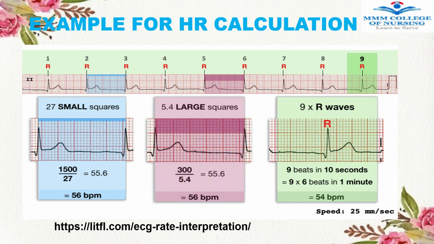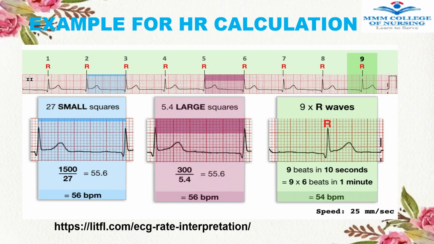For the small box counting method, we use 1500 divided by 27. If you divide this number, we get the answer 55.6. So the approximate heart rate considered for this patient is 56 beats per minute.